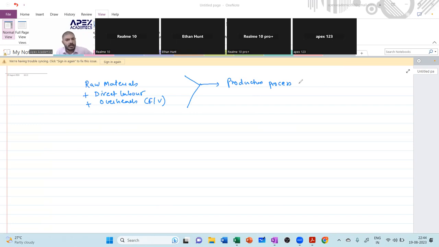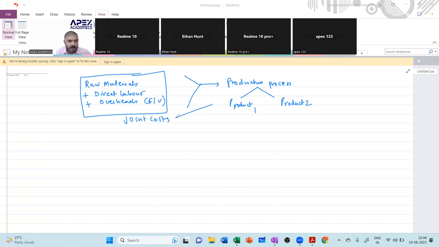So when you put this into a production process, if out of your production process, products P1 and P2 are formulated, you need to understand that these are joint costs that are incurred for the production of product 1 and product 2.